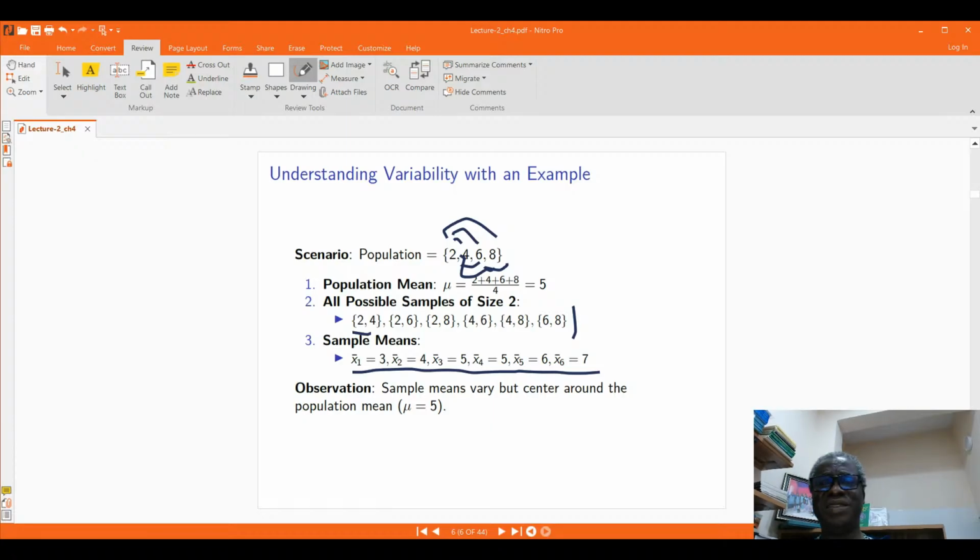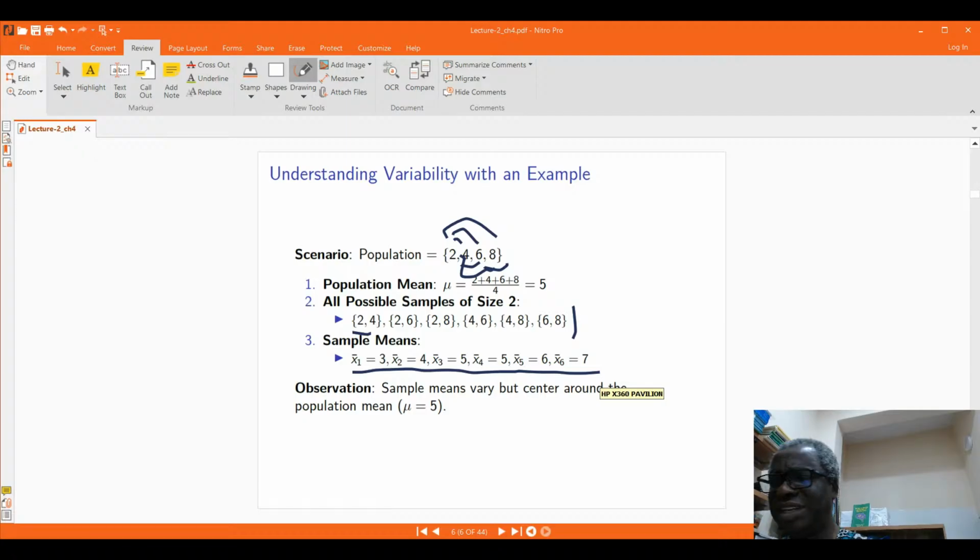The sample mean in sample 2 is 4, and so on like that. The sample mean in sample 6 is 7. This is what we call the variability of the sample mean.